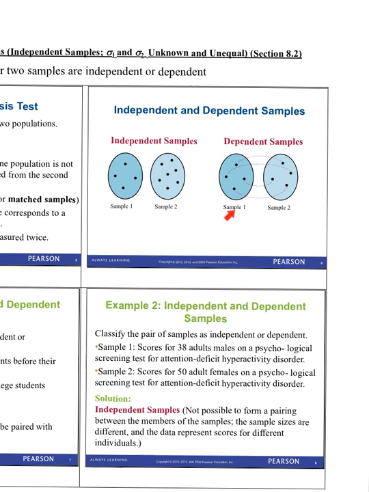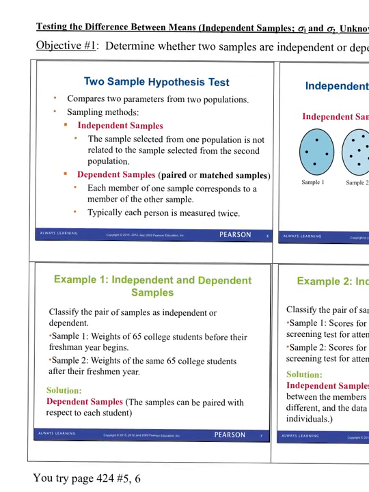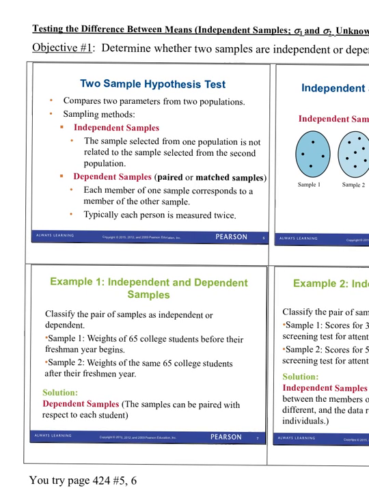So if the same seniors were measured here as well as here, there is now a pairing going on, so that I've had a before a test prep class score and an after score. So when the same individual is measured twice, we tend to have a situation where we have dependent samples. Typically each person measured twice.